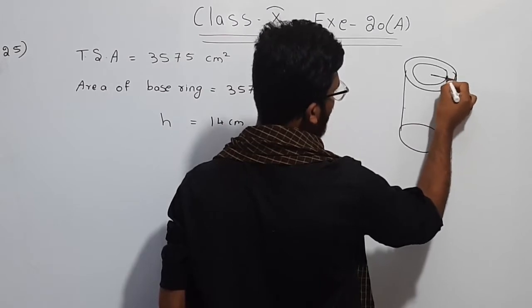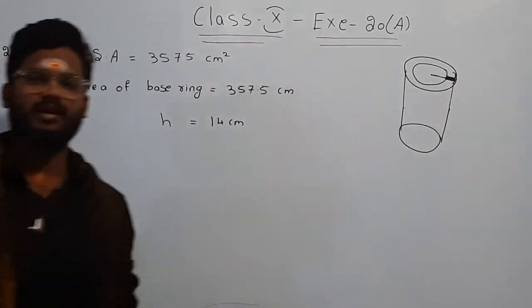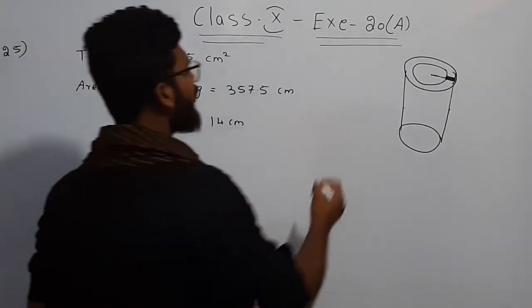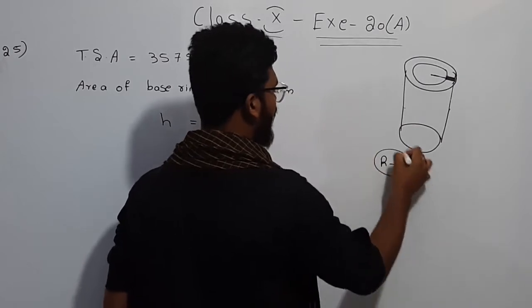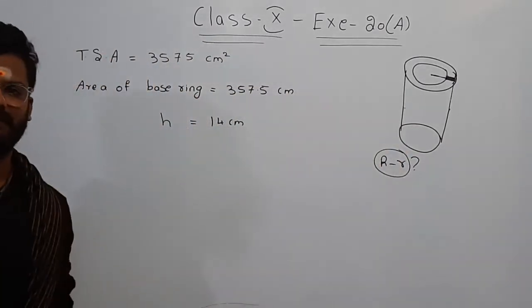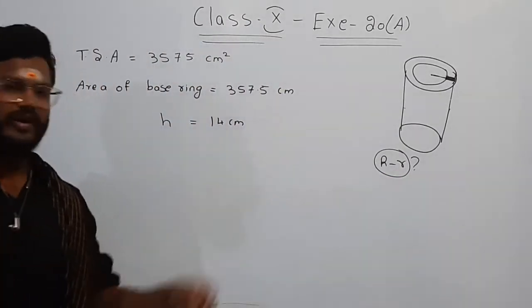This entire part, how much width is the ring, is called as thickness, right? So we have to find R minus r. That means outer radius, if you take external radius as capital R and internal radius as small r, thickness means we have to find R minus r.